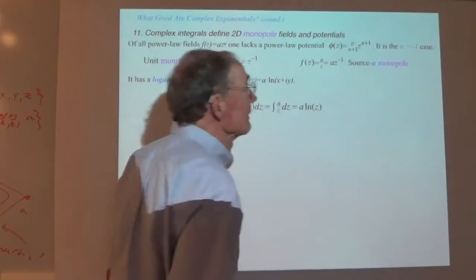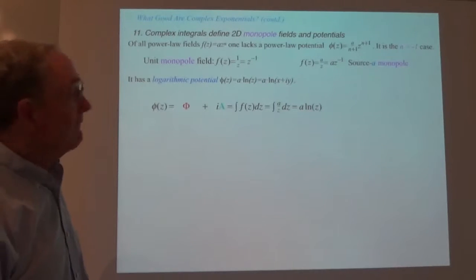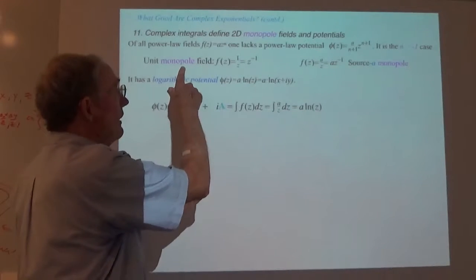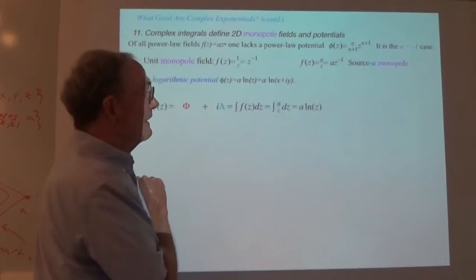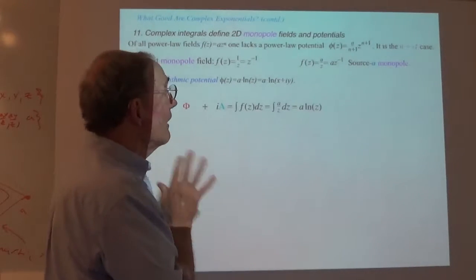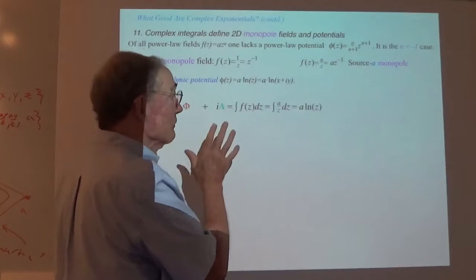This is a weird, wonderful case. N equal minus 1. Okay? The monopole. 1 over z. That's the one that doesn't have a polynomial field. I'm sorry, a potential field.